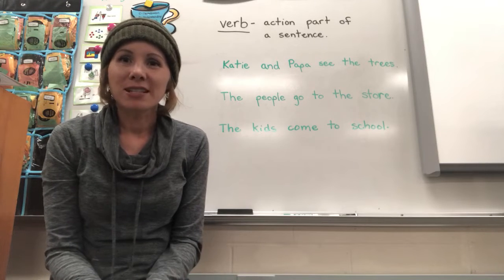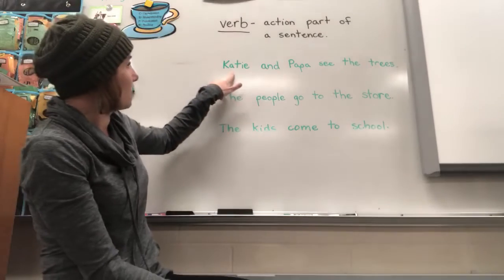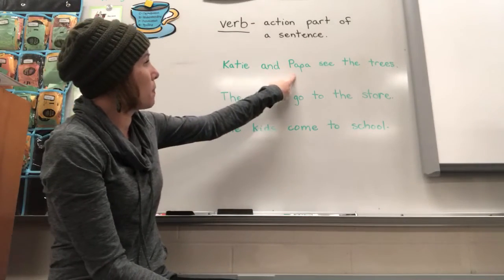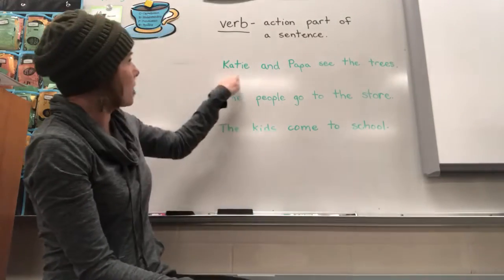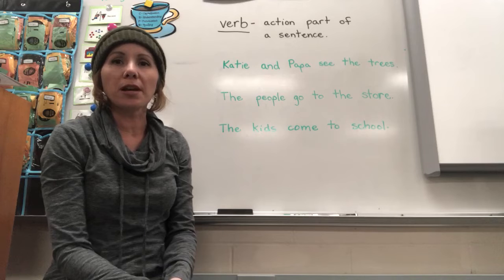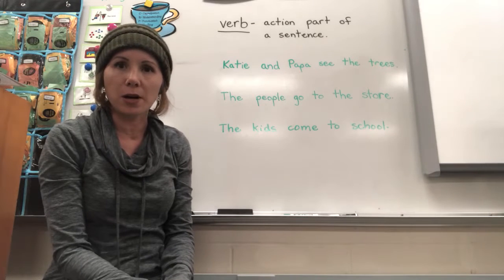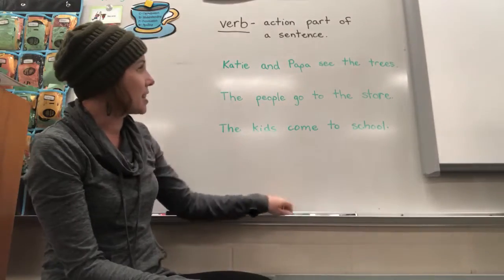Okay, I'm going to read this first sentence. If you know the words, go ahead and read along with me. Katie and Papa see the trees. Okay, so remember, we're looking for the verb. We're looking for the action part of the sentence. That means what happens. Okay, it said they see the trees.